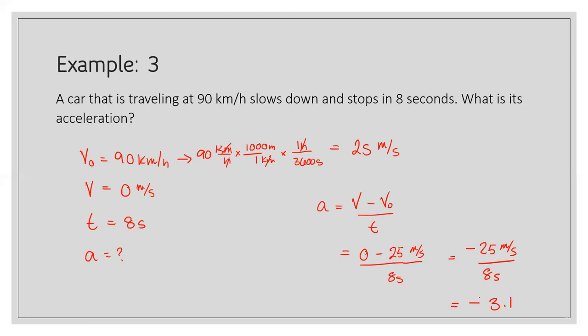We have one sig fig here, so we'll say negative 3 meters per second squared. A little squished in there. So you'll notice the car was traveling in a positive direction. It's stopping, so we know it's slowing down. So expect negative a. We could have predicted that right from the beginning.